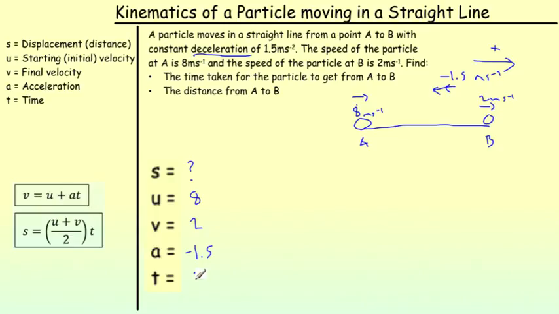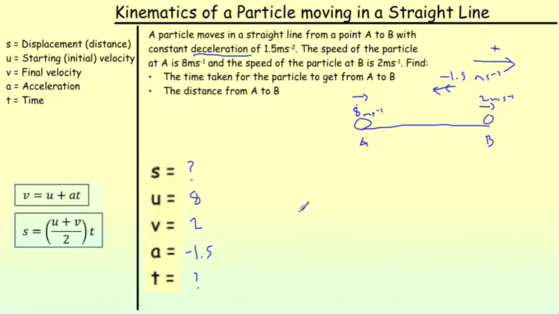And t is also what we're looking for. So we've got u, v, and a, and we're asked to find s and t. The first bit asks us to find the time taken, so we're looking for t.